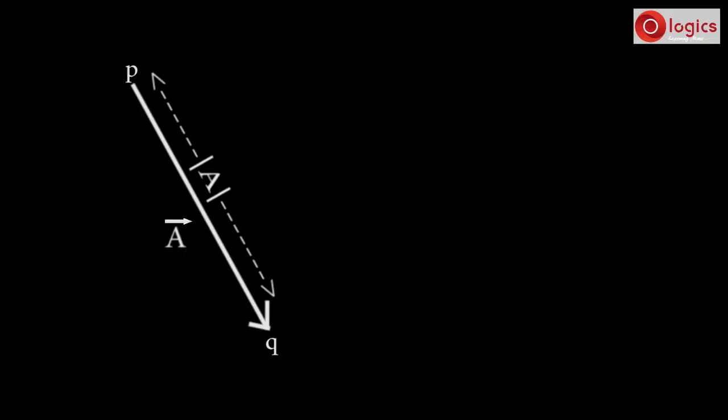This vehicle displacement from P to Q is represented by a vector A bar, and the magnitude of vector is represented by modulus of A bar. Let us say vehicle is displaced 2 kilometers towards south direction.